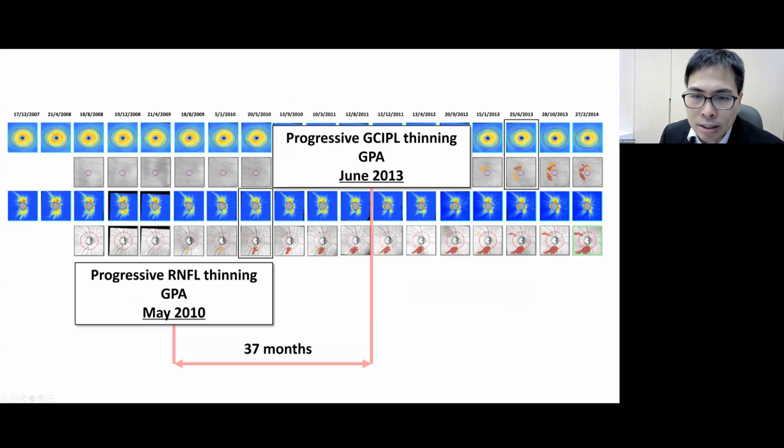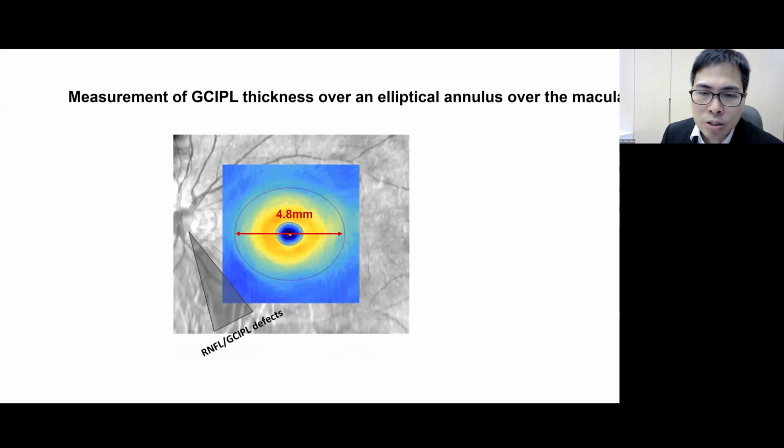But there are cases where we see change of the RNFL near the optic nerve head detected before we see change of the macula. It is because of the limitation of the current OCT. We scan the macula using a 6x6 millimeter cube scan, but when the OCT analyzes the GCIPL, it only focuses on this elliptical annulus.